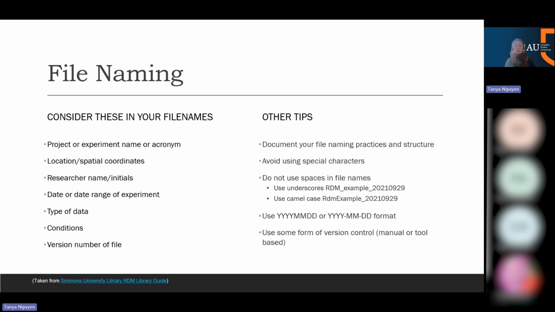So another condition to think about is, do you want to keep track of the version number of the file? Some general tips, which we will go over, are that you can put the version number at the end of the file name. As you're naming your files, it's a good idea to avoid special characters like question marks, asterisks, and punctuation, because not all operating systems will allow these special characters in the file name.